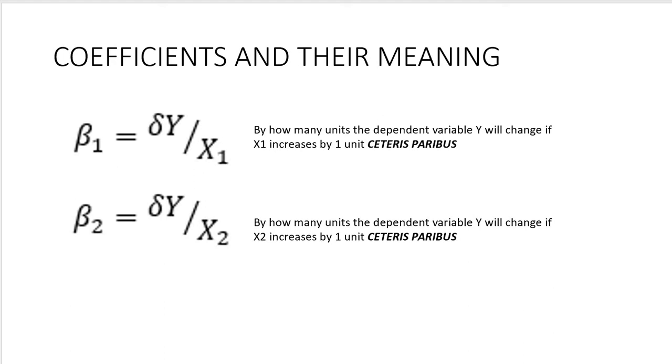Analogously, beta 2 is interpreted as partial derivative of y with respect to x2, and it tells you by how many units the value of the dependent variable y will change if x2 increases by 1 unit ceteris paribus, or assuming that x1 remains the same.